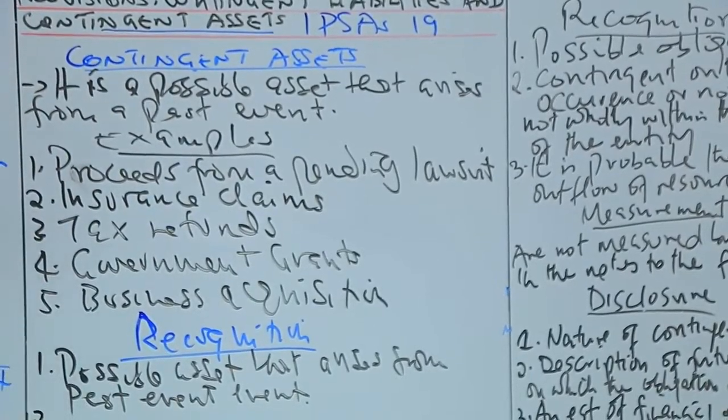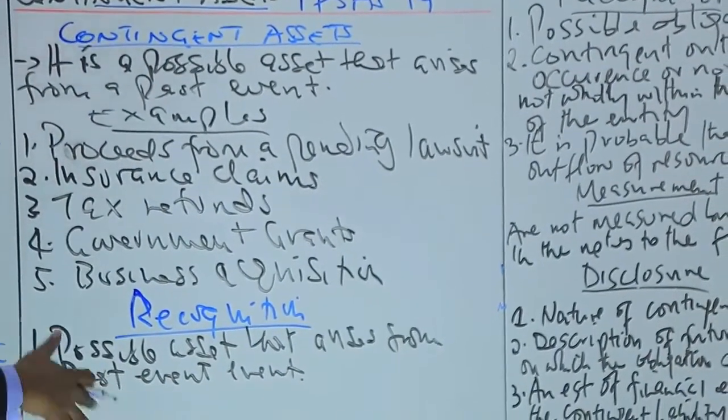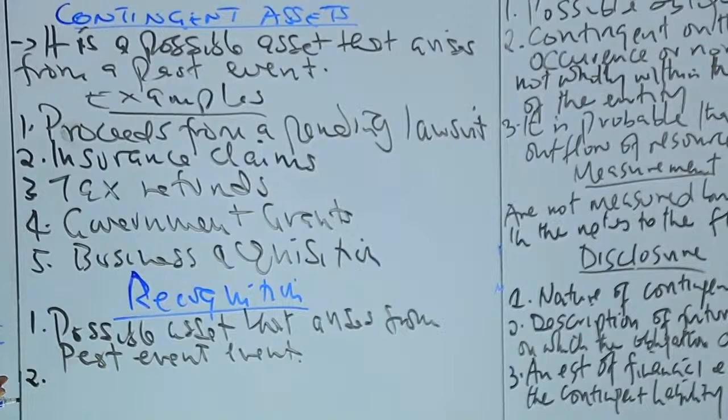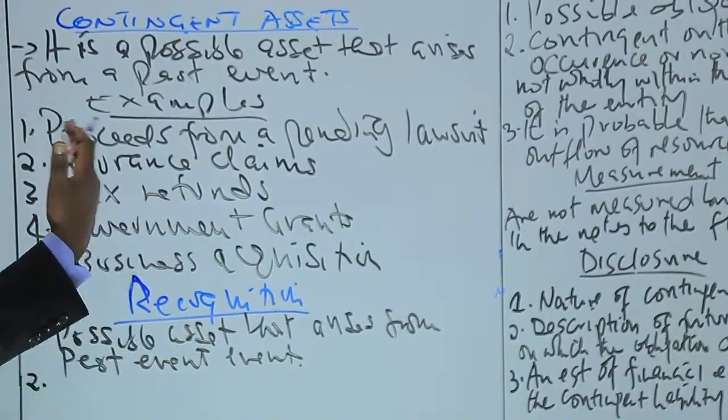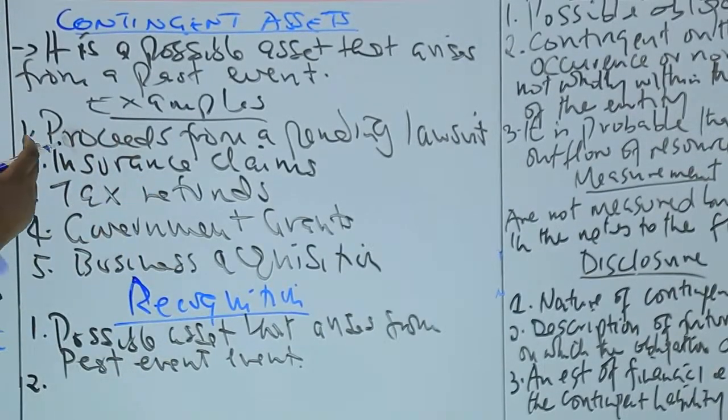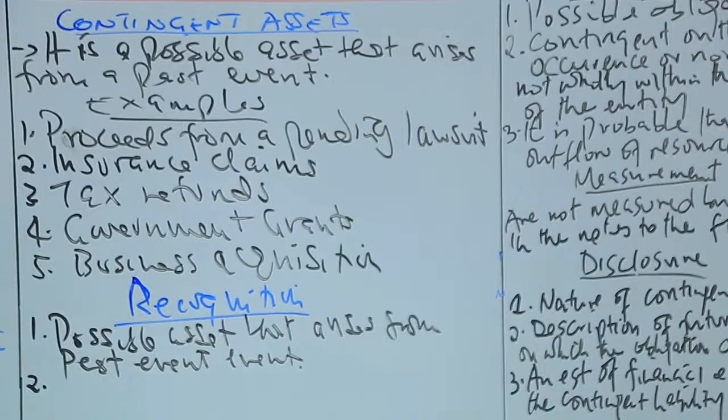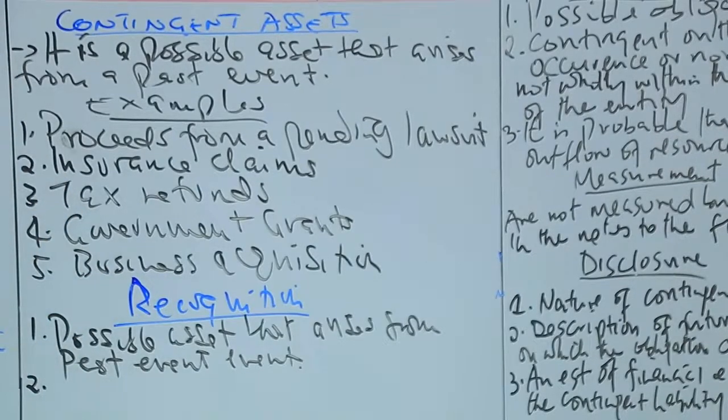The second criteria is that the existence of the asset will be confirmed only by the occurrence or non-occurrence of one or more uncertain future events not wholly within the control of the entity. It's just like the contingent liabilities.